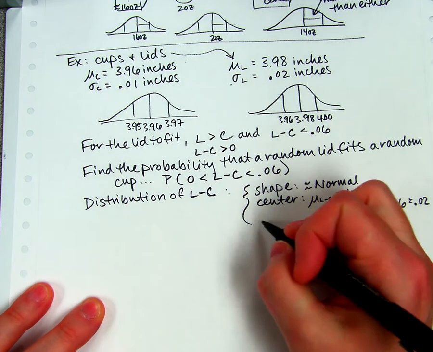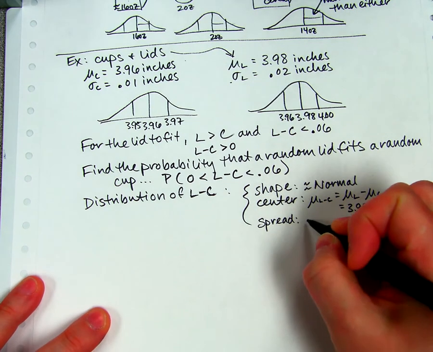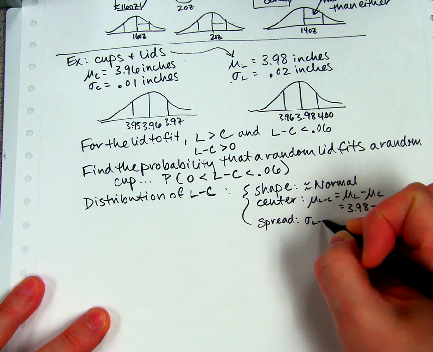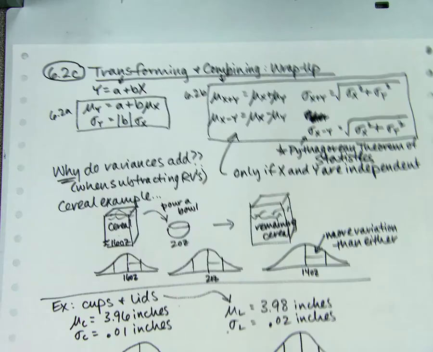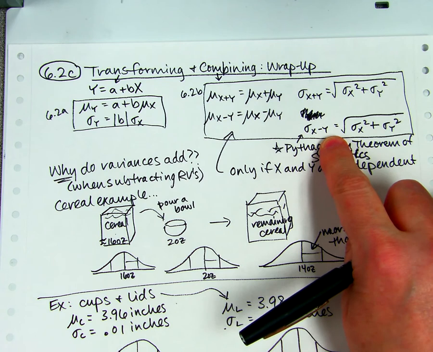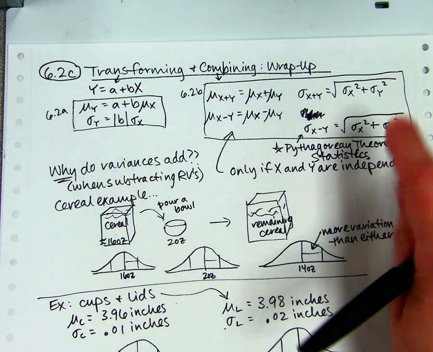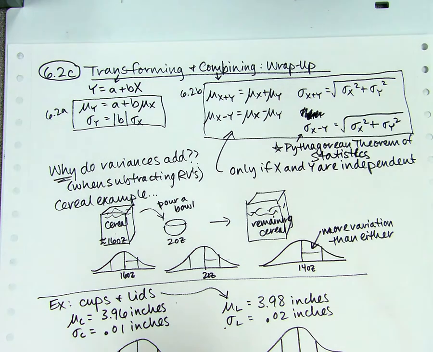Spread is even more complicated because I'm talking about the standard deviation of L minus C, and I'm going back up here to my formulas, and I say the standard deviation of a difference of two random variables. That's when I do the Pythagorean theorem thing. I told you on one of my walkthrough slides or videos, I will be reminding you of this all year long. I'll say, oh yeah, remember it's the Pythagorean theorem thing.